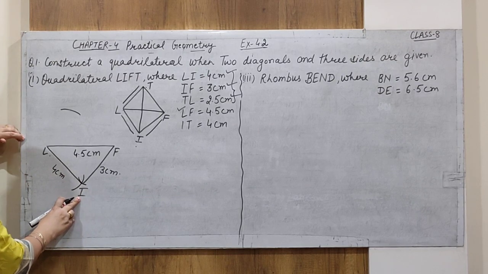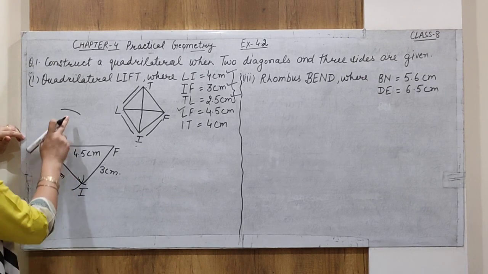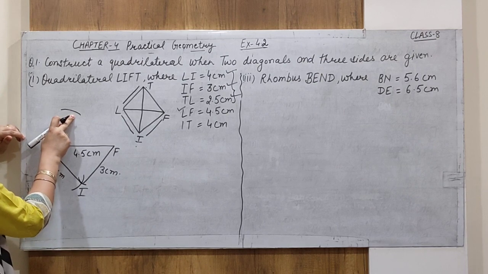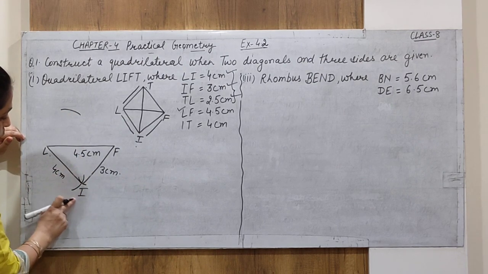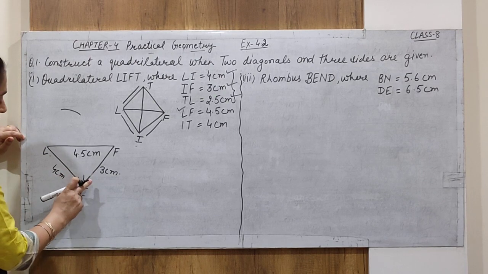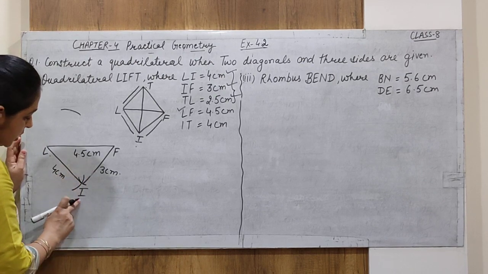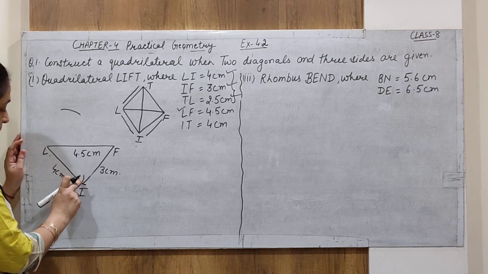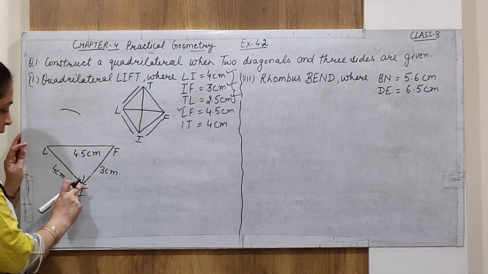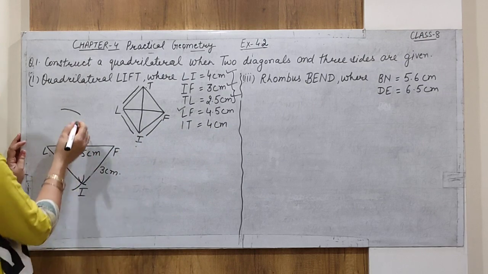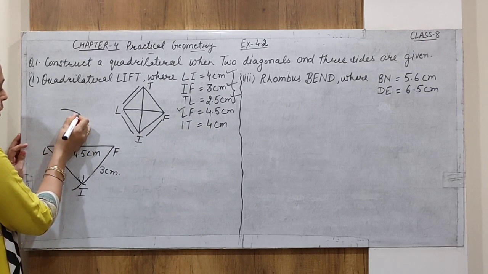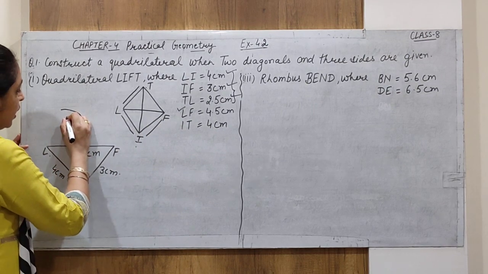Now we already found point I. Now this acts as point T. So from I as center, now consider this point as center. You must understand and remember, now this is the center point. Place your compass tip at I and draw an arc of 4 centimeters so that both the arcs meet each other.